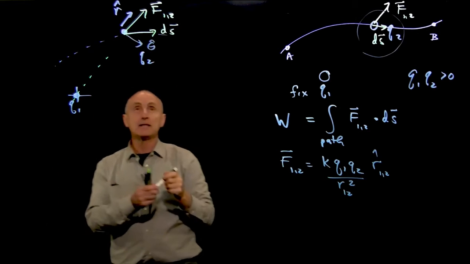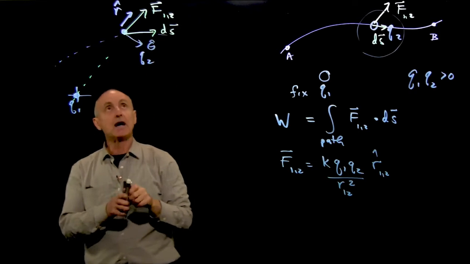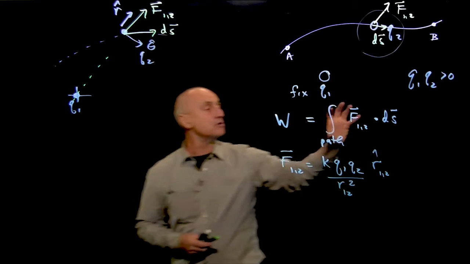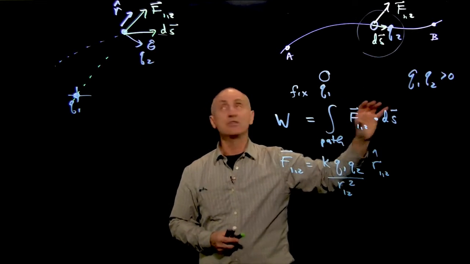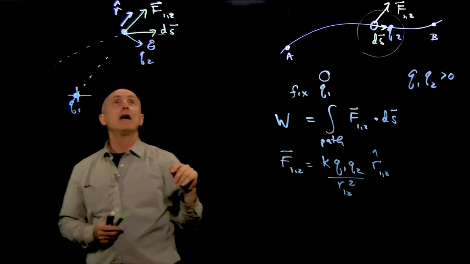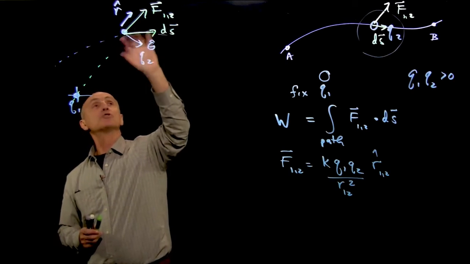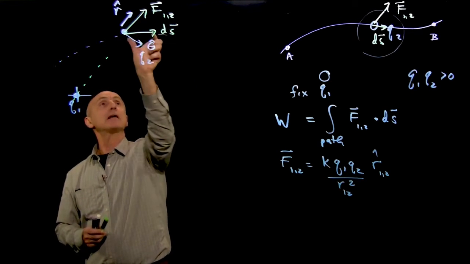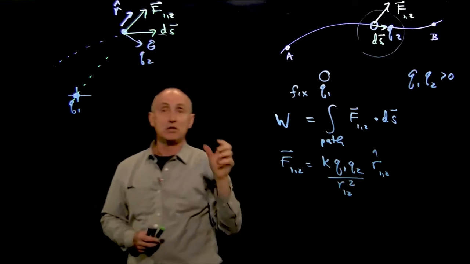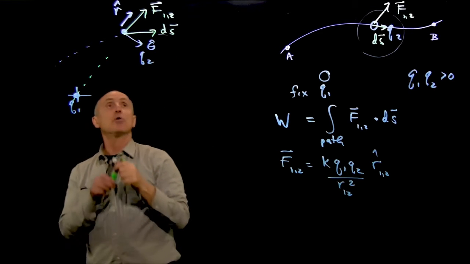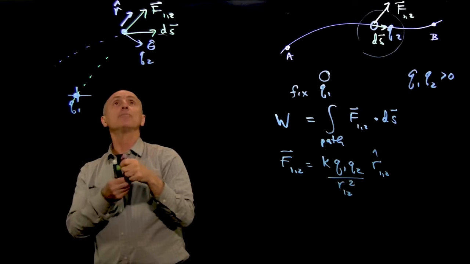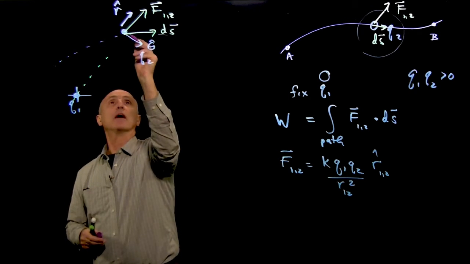Now, the key idea to realize is that because work is how much force is in the direction of motion, and our force is radial, all we really care about is how much of this displacement is in the radial direction. So let's look at that displacement vector, and we'll write all these out in vectors.